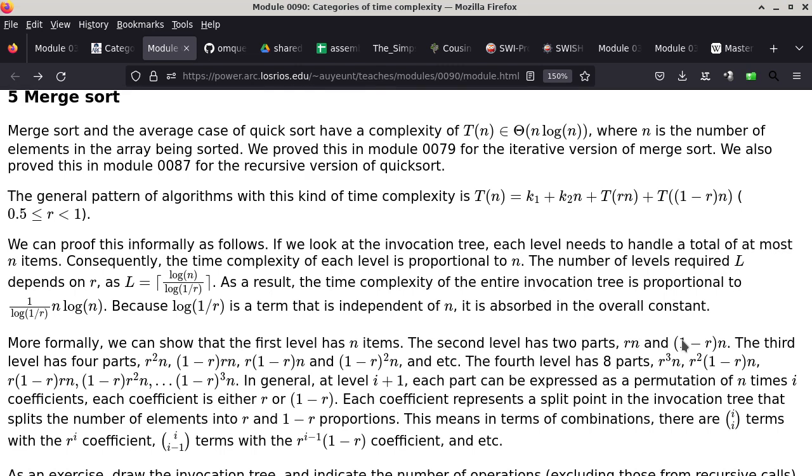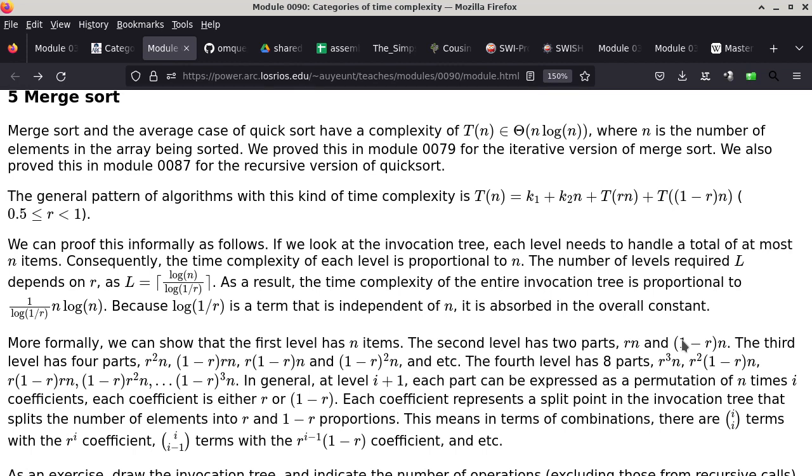So if you add up everything at the third level of the entire tree, they also add up to just n. How do we know that? Just divided, yep. But you can also prove this mathematically.